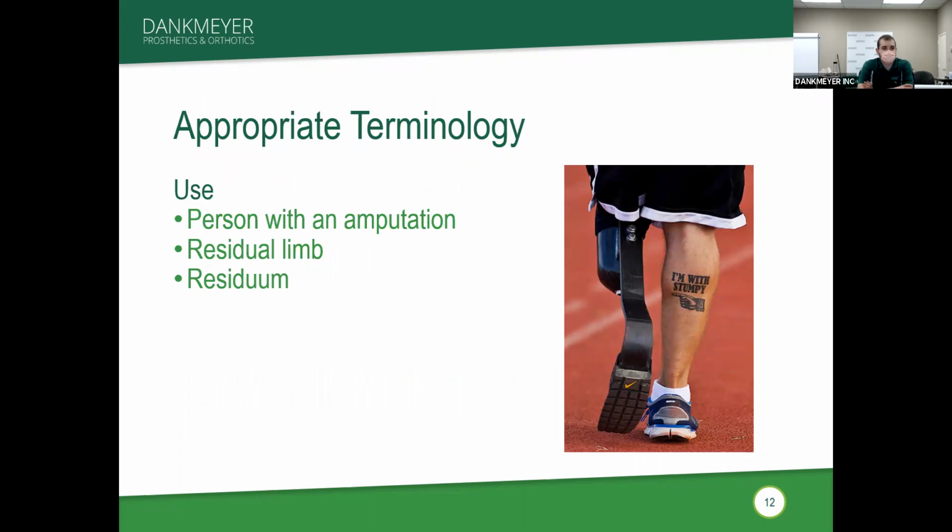Generally speaking, appropriate terminology to use when referencing people with amputations is person with amputation. Instead of calling the residual limb a stump, call it a residual limb or residuum. You will occasionally hear patients calling their limbs stumps, but professionally we try to avoid that.